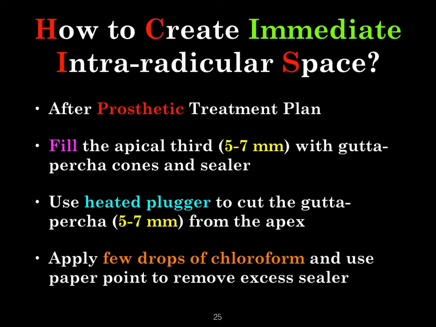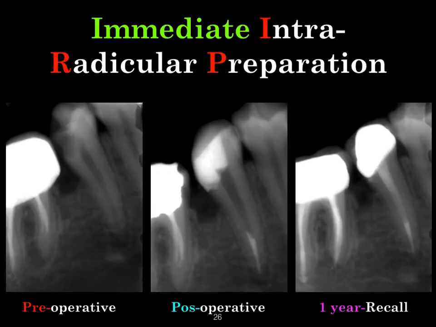And then you're gonna apply a few drops of chloroform to dissolve any remaining sealer. This is how you create the immediate intraradicular space. And this is a clinical case where this is the preoperative radiograph, and then in the post-operative radiograph you can see that there is a post space, and then after 1 year it's fine. It has no negative effect on the periapical health.